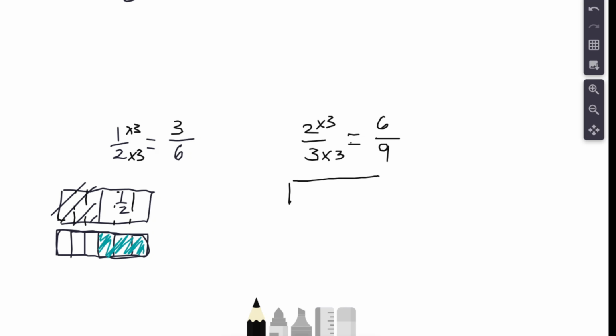So this is how your 2/3 looks, okay? And instead of me drawing another whole, we can actually cut 2/3, each third into 3 smaller pieces, so that we get 1, 2, 3, 4, 5, 6 ninths.